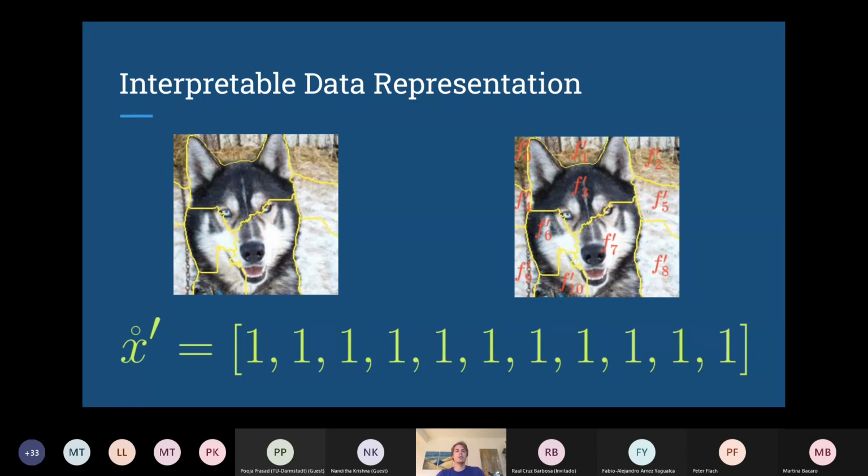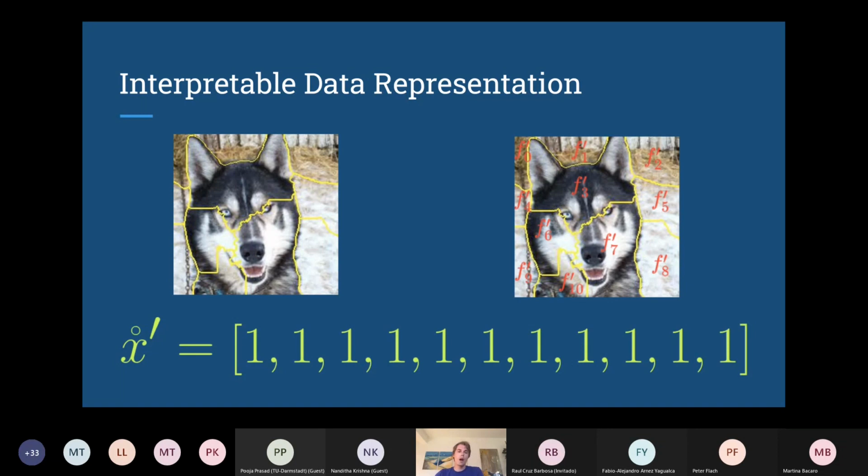So we are trying to find something more human-like. And you can possibly imagine that if you see a picture and there is a tail or ears, these are the sort of things that humans pay attention to. So our interpretable representation for images is dividing the image into regions, into possibly semantically meaningful regions.